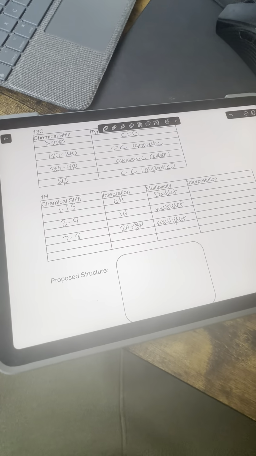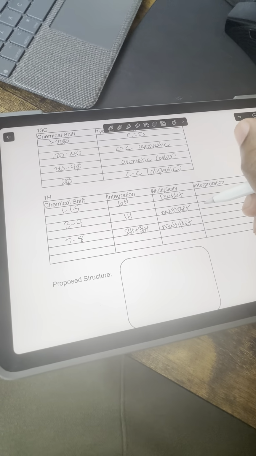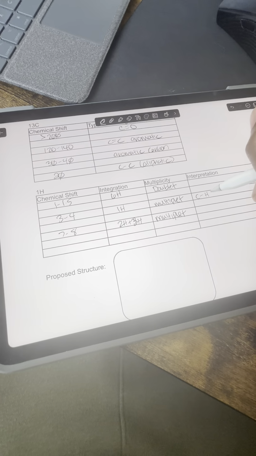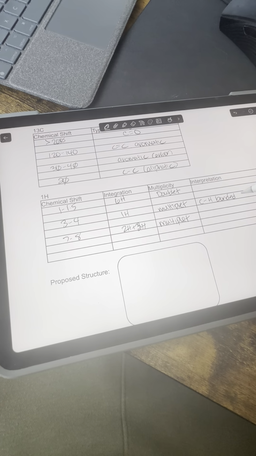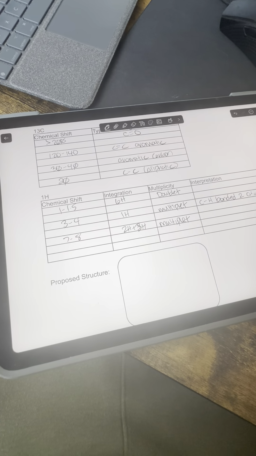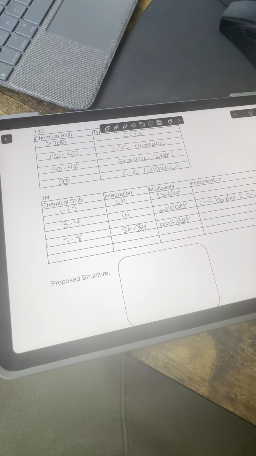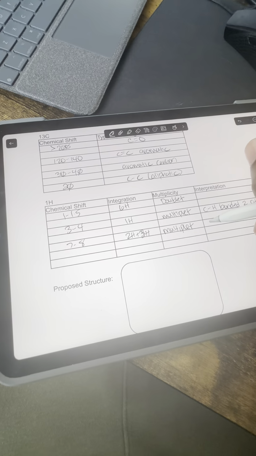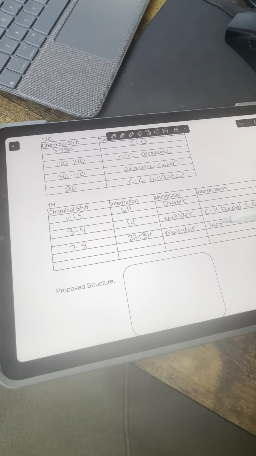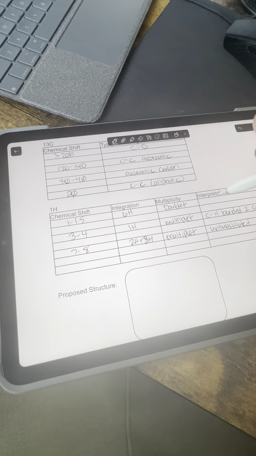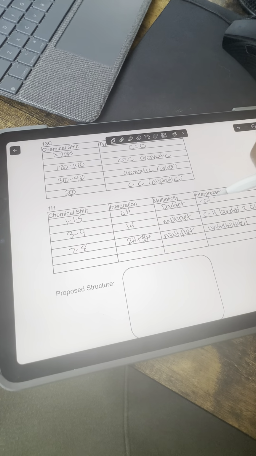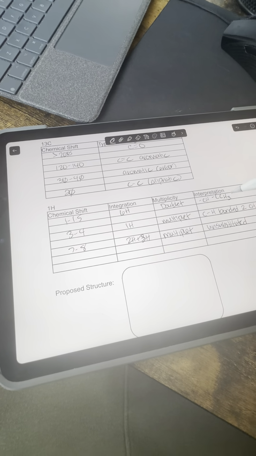And then for this one, we said CH bonded to 2 CH3 with 6 protons. And we said it was unsubstituted. And this one was a CH bonded to a CH3.